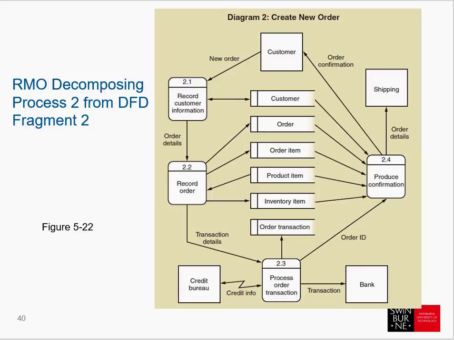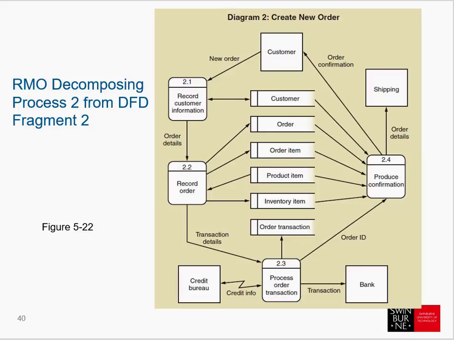So if the credit card is approved, a record of the transaction is created in the order transaction data entity, and the data flow for the transaction then goes directly to the bank. The final process produces the order confirmation for the customer, and the order details go to the shipping department.